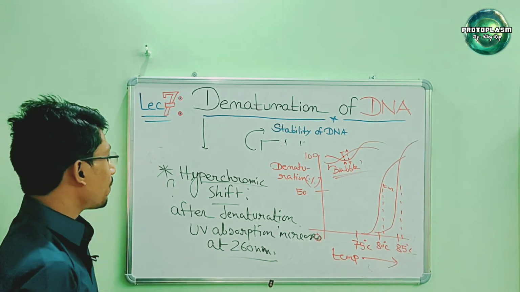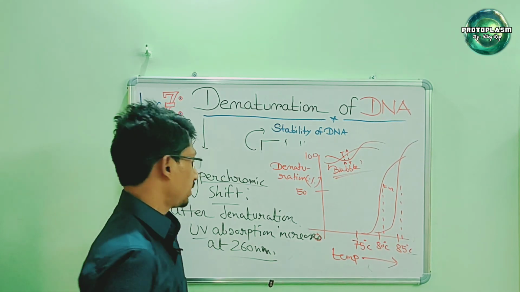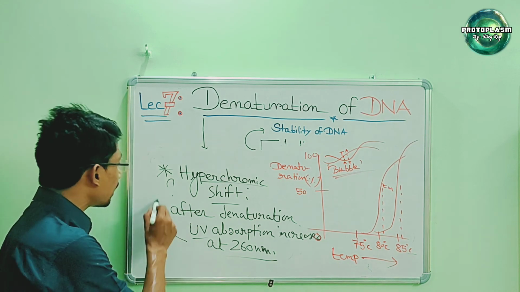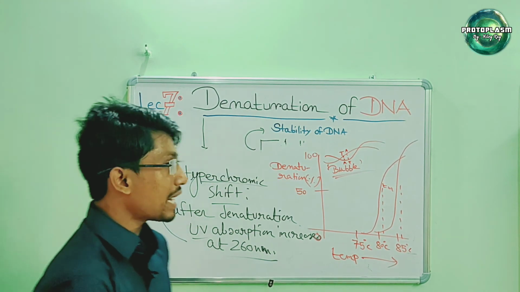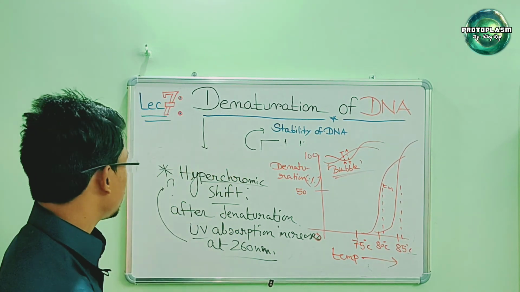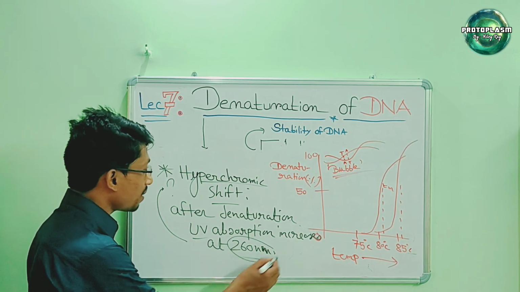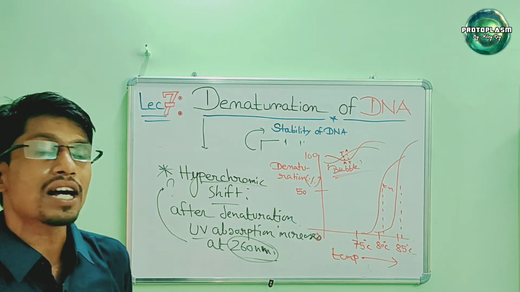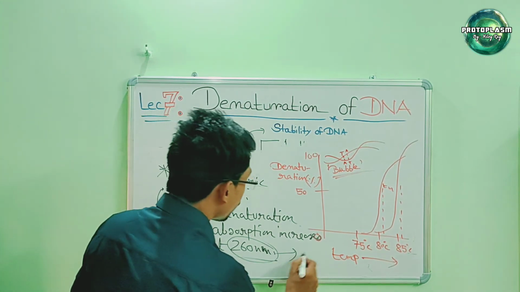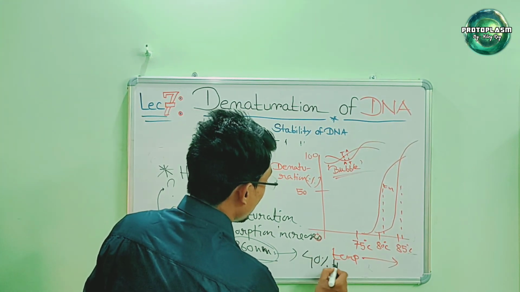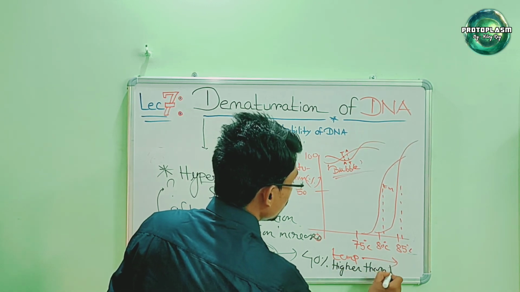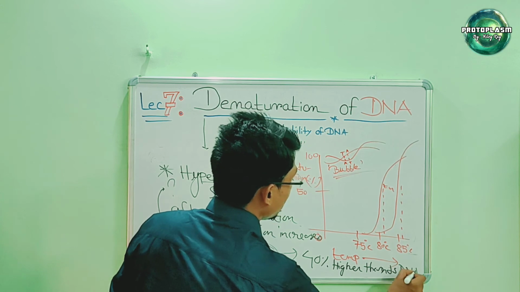By reading the absorbance of UV light under a spectrophotometer, we can decide whether this DNA is denatured or not, because denatured DNA shows maximum absorbance of UV light at 260 nanometer, which is almost 40% higher than that of a double-stranded DNA molecule.